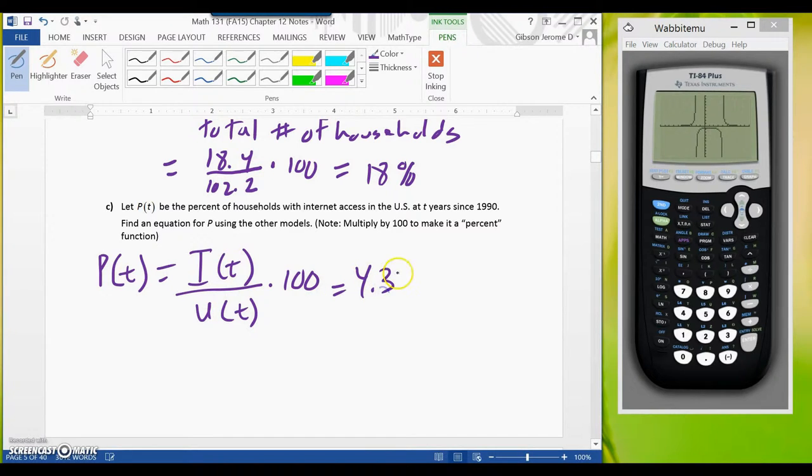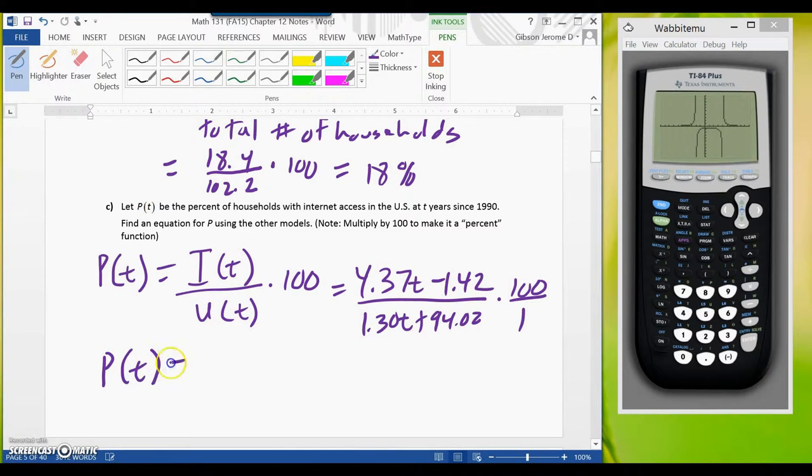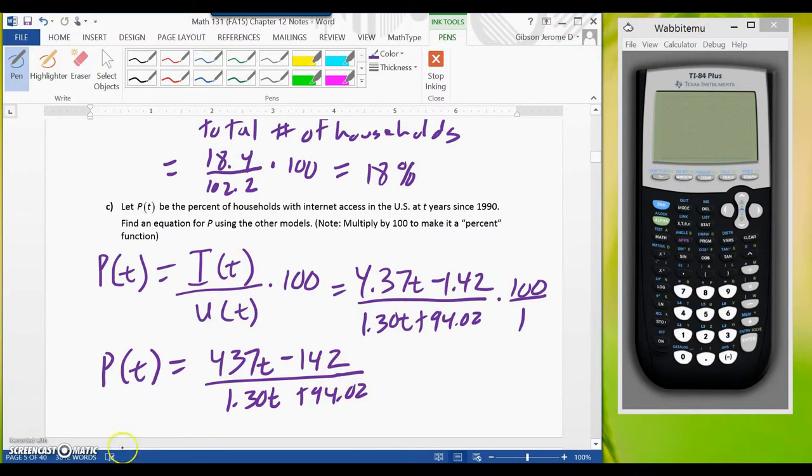So it'll be 4.37t minus 1.42 all over 1.30t plus 94.02. And we'll multiply this by 100 over 1. So that will give us P of t is equal to 437t minus 142 all over 1.30t plus 94.02. And that is it for this problem here.